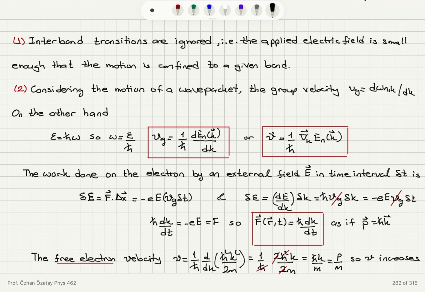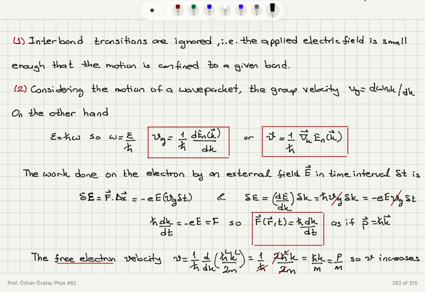Now, this small change in the energy, delta epsilon or delta E, is dE dk delta k. So the derivative of energy with respect to the wave vector k, that is basically h bar times the group velocity. So we can substitute that here.